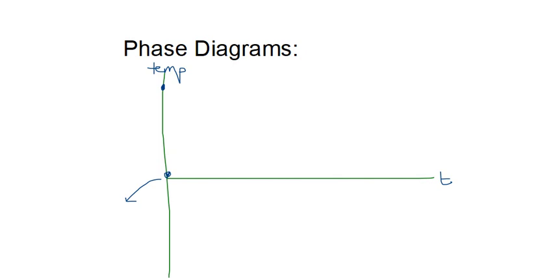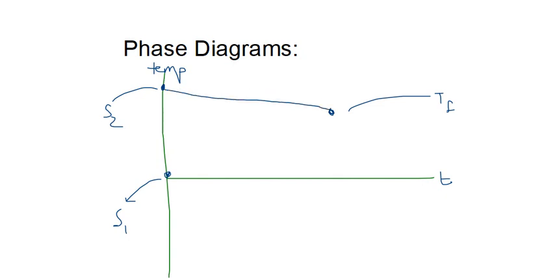Let's say this is substance 1, this is substance 2. Substance 1 and substance 2 reach temperature final. Substance 1, let's say it just cools, so we should have that as a straight line.